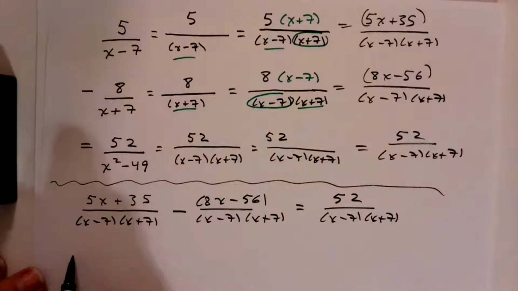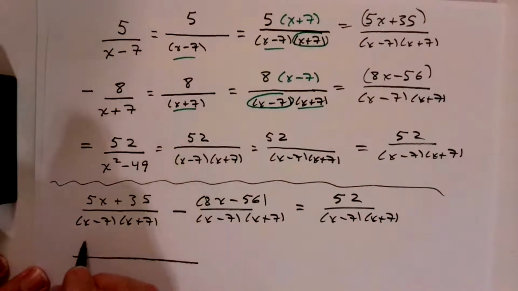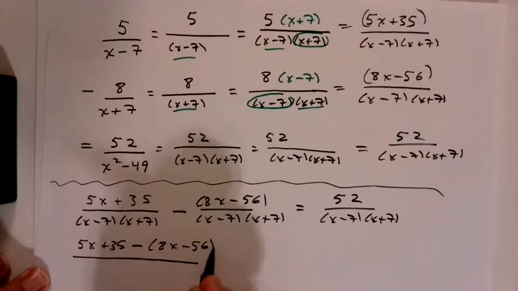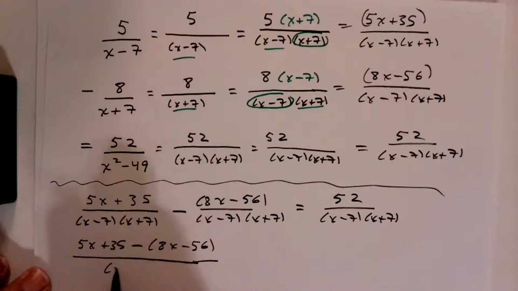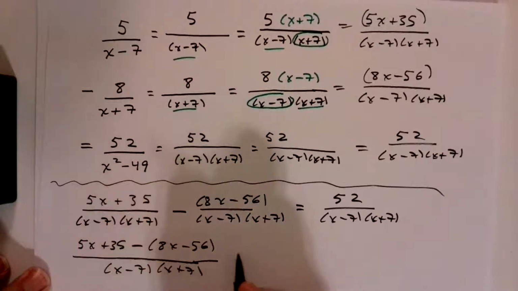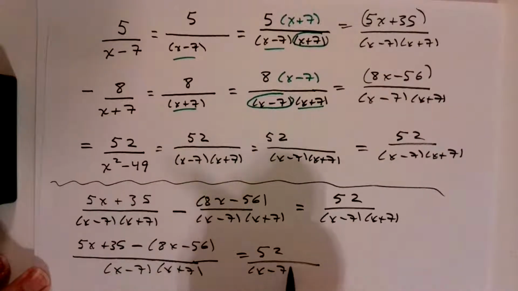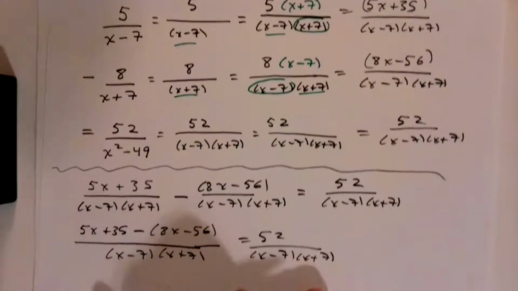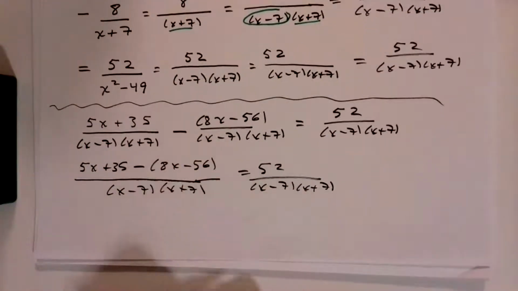So I can write it as a single fraction now. So we have 5x plus 35 minus 8x minus 56 over x minus 7, x plus 7 equals 52 over. So if this is the case, the bottoms are equal, so the tops have to be equal.